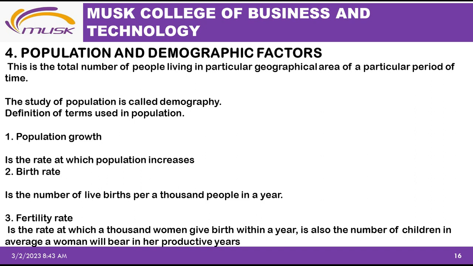Now we have a number of terms that we can be able to define. Number one is the population growth, the rate at which population is increasing. That is population growth. And then we have the birth rate, is the number of live births per 1,000 people in a year.